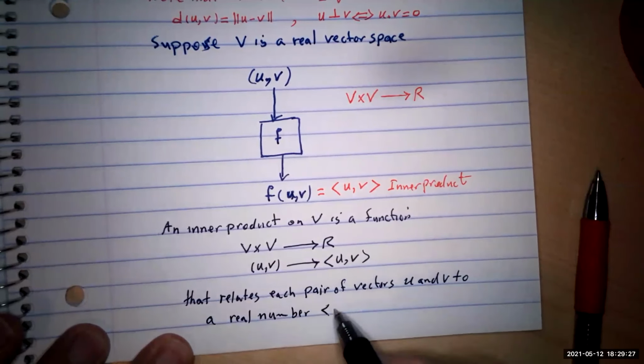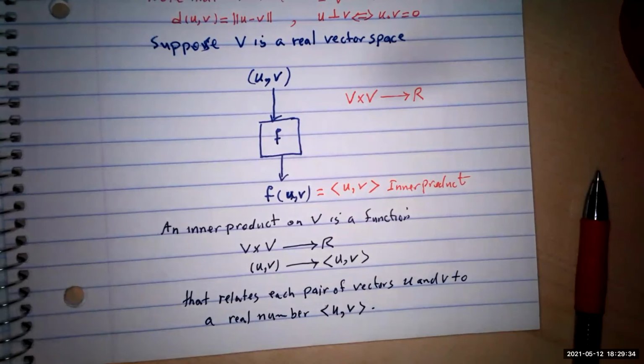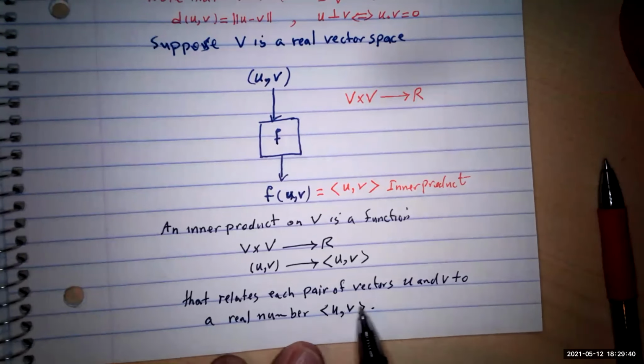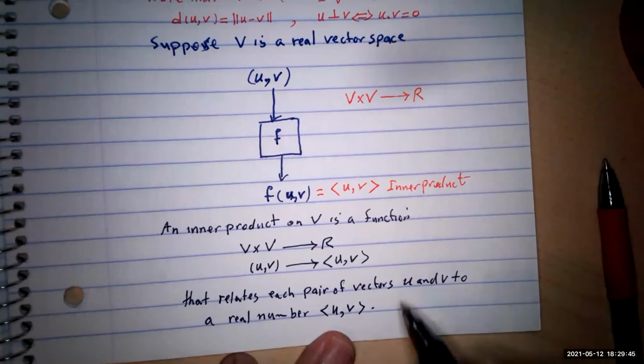That real number will be denoted by u v in this format. So it's a function that takes a pair of vectors and relates them to a number in R. An inner product relates each pair of vectors u and v to a real number, u and v, satisfying the following.